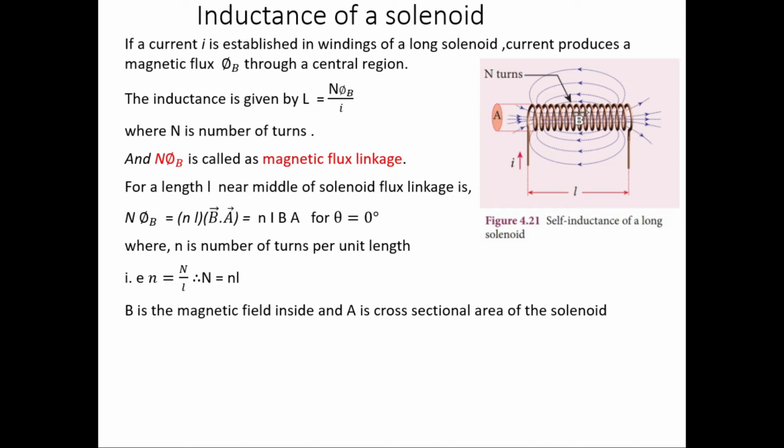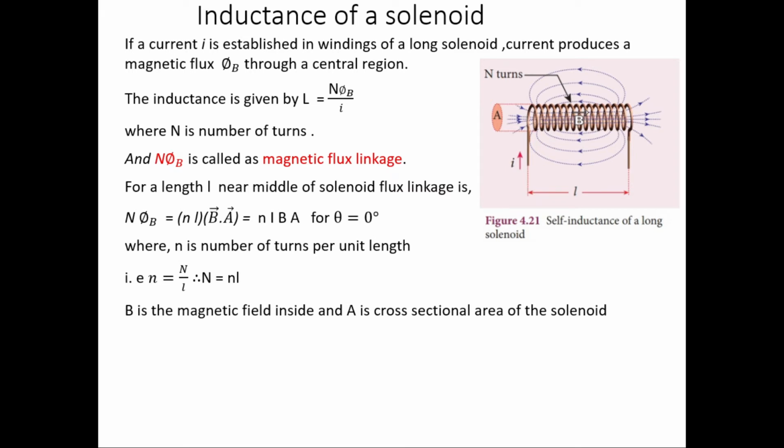Then we can write the magnetic flux linkage N phi B is equal to small n l into B bar dot A bar. Here the scalar product is written as n l B A cos theta, where theta is the angle between the magnetic field and the area vector.